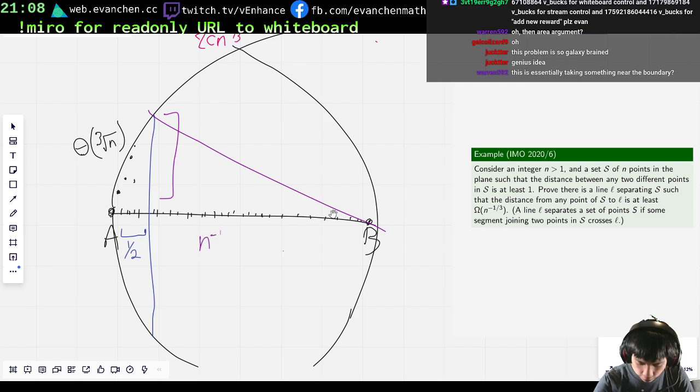Because these shadows were like n to the minus 1/3, and there's n of them, this is at most n to the 2/3. So now you project the points this way instead. You project them this way. And the problem is that there's, sorry, what am I saying?